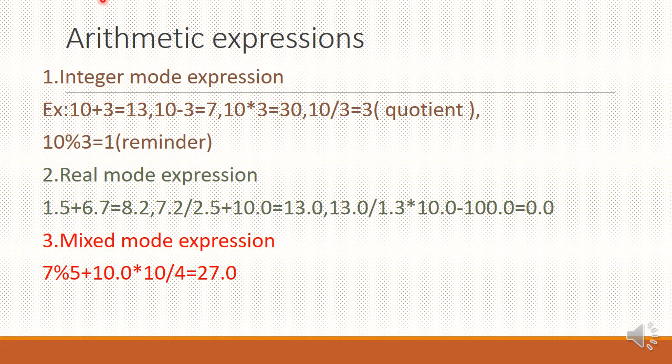Mixed means here I am combining all the operators with integers and floats: 7 modulo division 5, 7 and 5 are integers, 10.0 is float, 10 by 4 once again is integer. Finally, I am getting some answer. So that is called a mixed mode expression. These are all examples for arithmetic expressions. If you want, you can try other examples also.